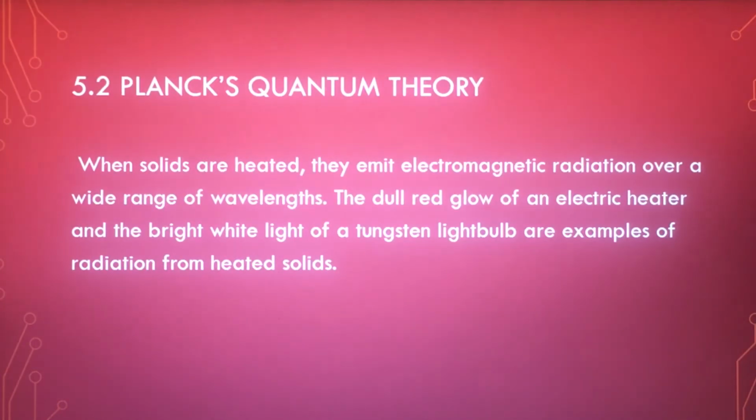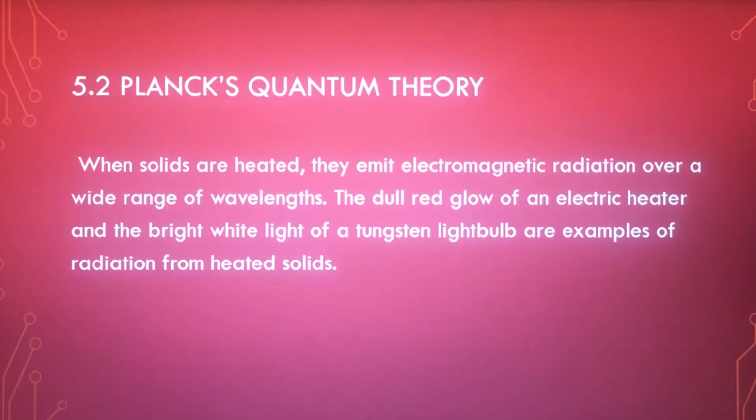Okay, so if we have those colors in the visible region, this means that there is a radiation which contains energy that is emitted. For example, the electric heater: if we try to put our hands on the electric heater, it is very hot, so this means there is a transfer of energy.